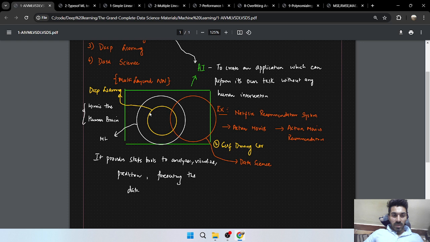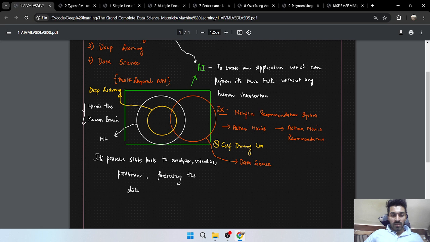Deep learning is a part of machine learning, and inside deep learning there are algorithms which mimic the human brain. And this part is data science. Data science is basically a combination of deep learning, machine learning, AI, and other things, statistics also.